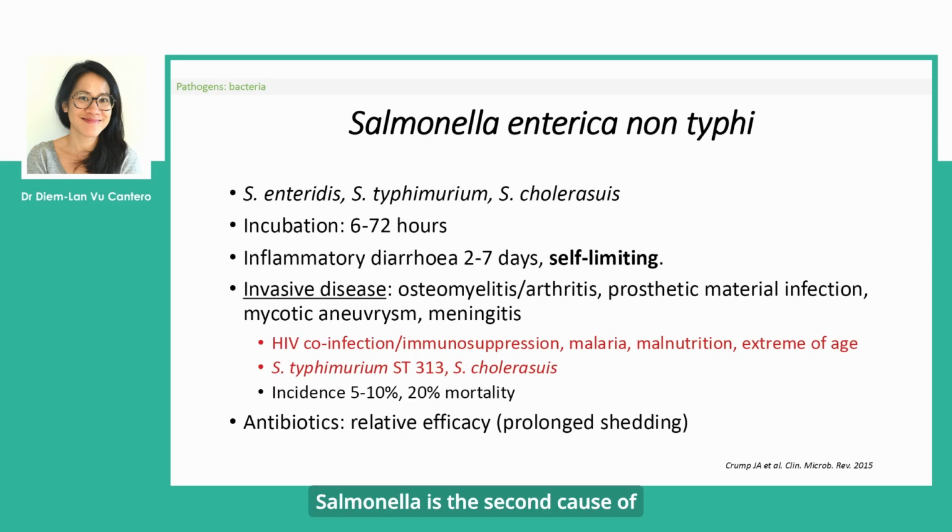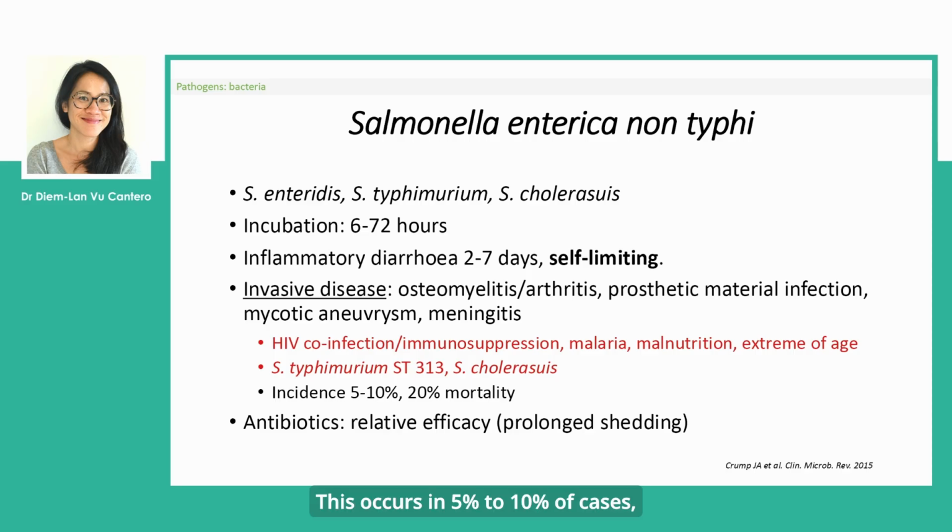Salmonella is the second cause of bacterial acute diarrhea in Switzerland. It also causes self-limiting disease, but in some circumstances, it can cause invasive disease. And the issue is the secondary infections, such as osteomyelitis, arthritis, prosthetic material infection, mycotic aneurysm, meningitis.